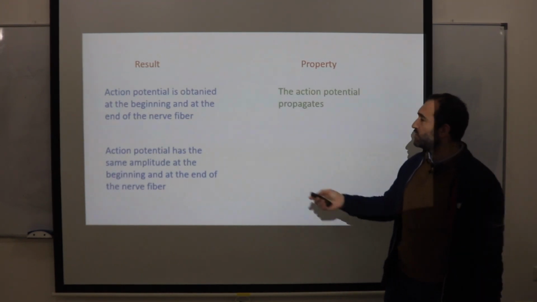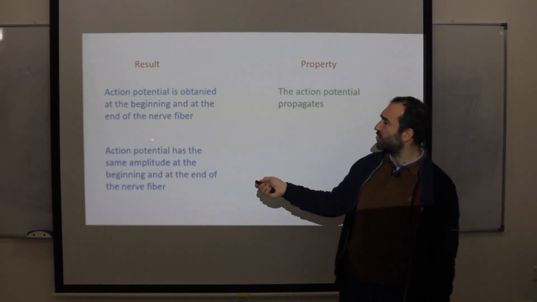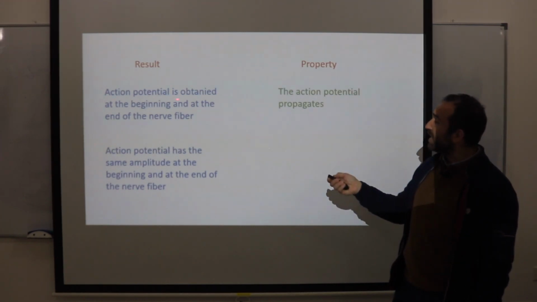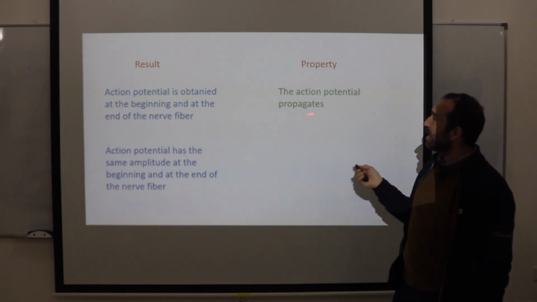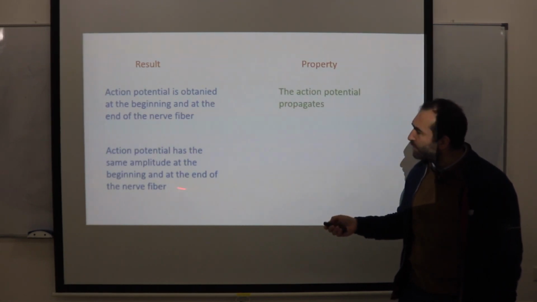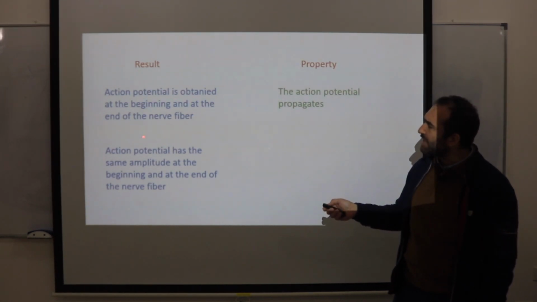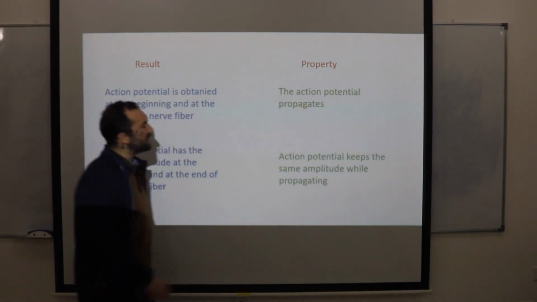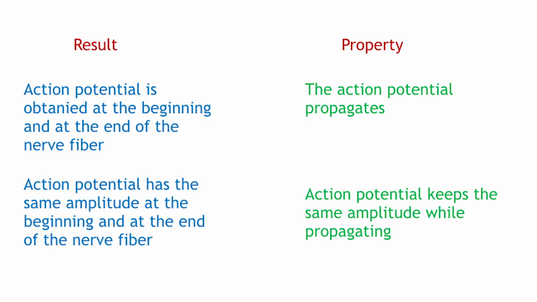But this one stimulation makes us obtain an action potential at the beginning of the fiber and at the end of the fiber. This makes us conclude that the action potential propagates, but the amplitude obtained at the beginning is the same as the amplitude obtained at the end. So this is the second property. Action potential keeps the same amplitude while propagating.